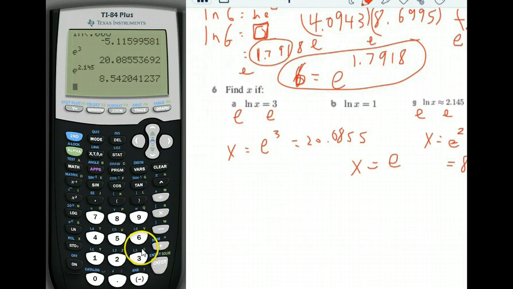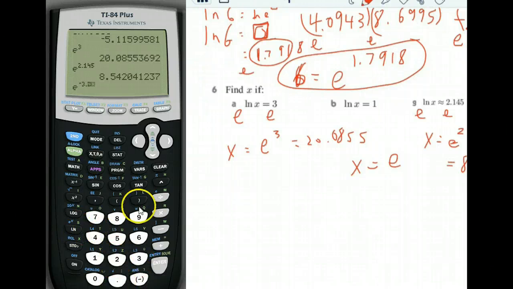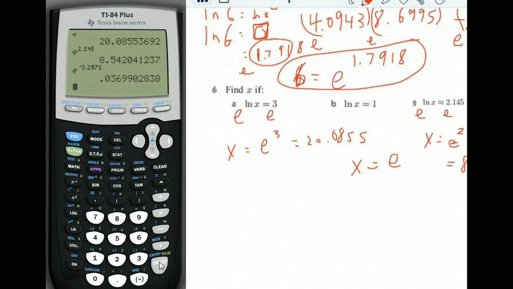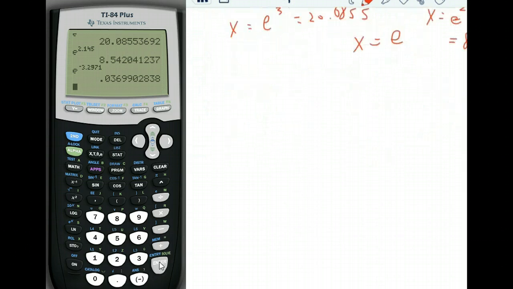And then for this last one, I'm sorry, we're taking e to the negative 3.2971. So the answer is 0.03699. Okay. All right, and I think that's it.